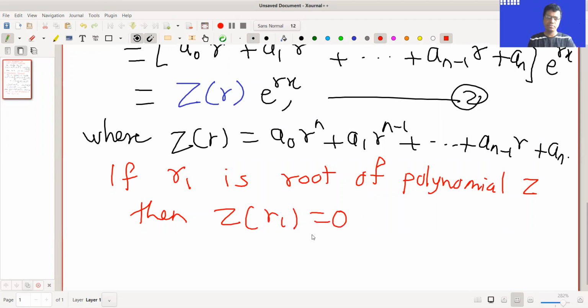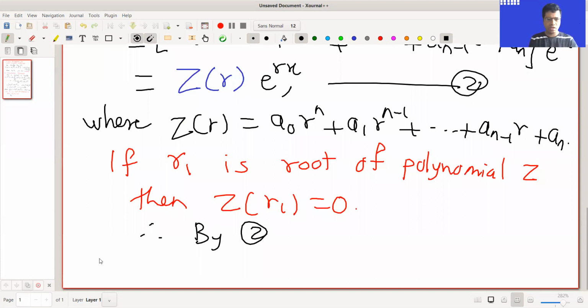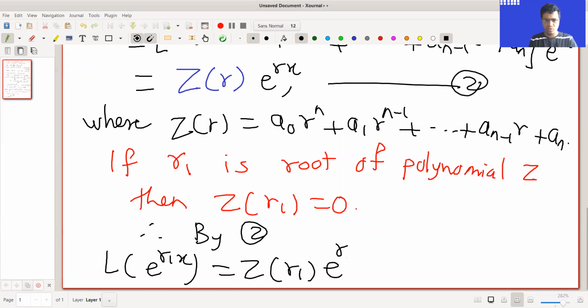Therefore, by equation 2, L of e raised to r1 x is z of r1 e raised to r1 x, and z of r1 is 0. So this is 0.